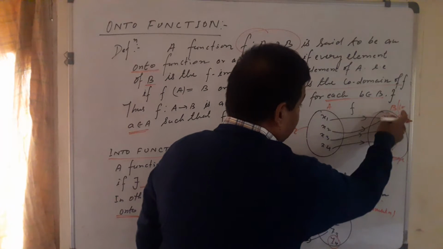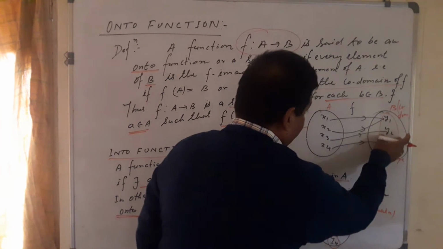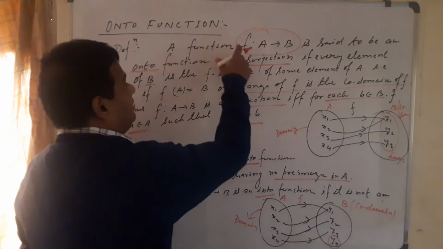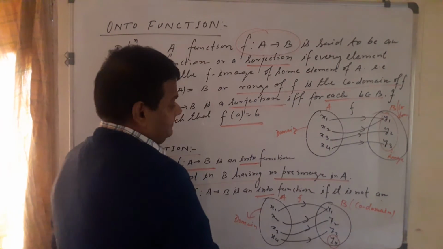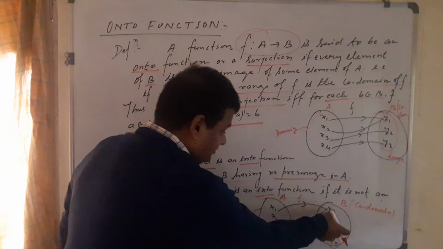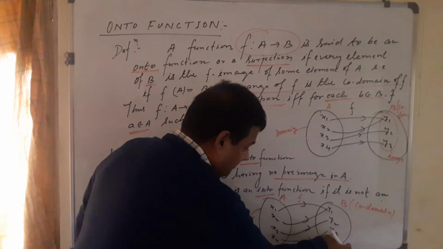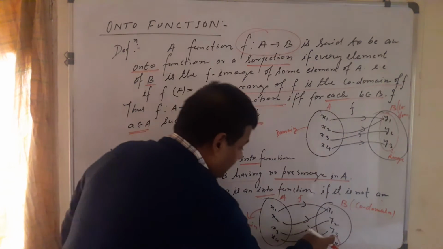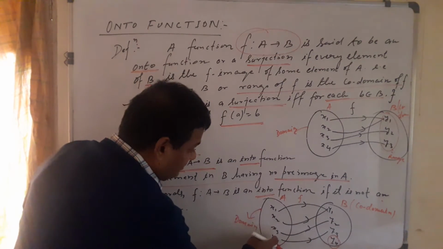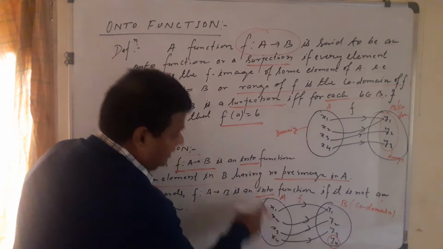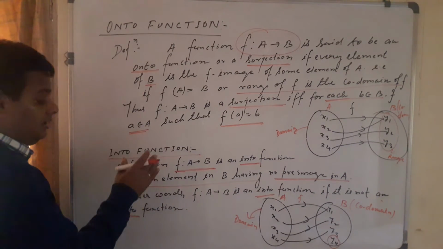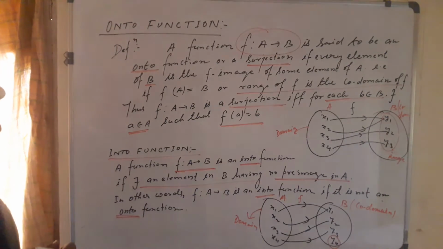In onto, each and every element of set B has a pre-image in set A. That's why this one is called onto function. And here in set B, one element is left, y4. y4's pre-image is not in set A, that is in the domain. So that's why this function is called an into function.